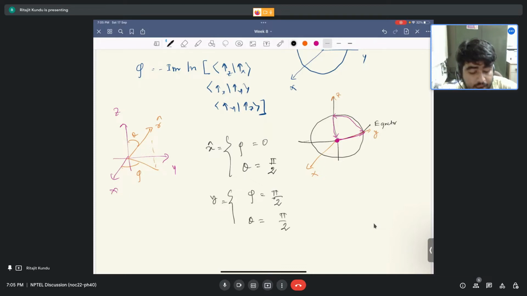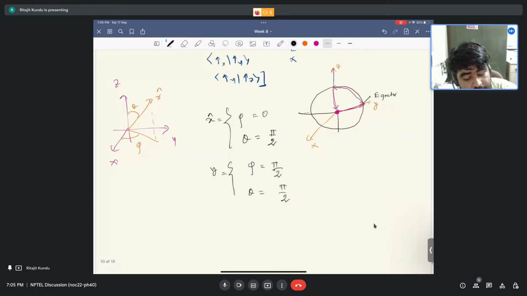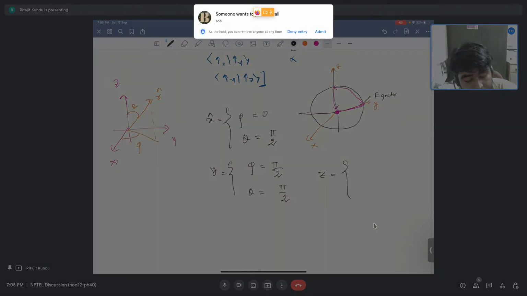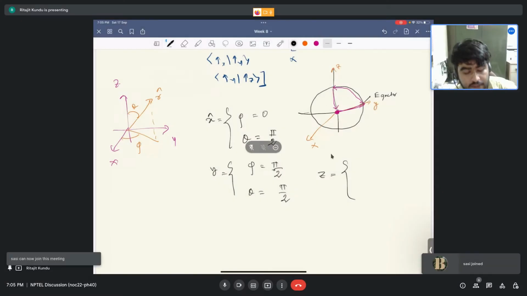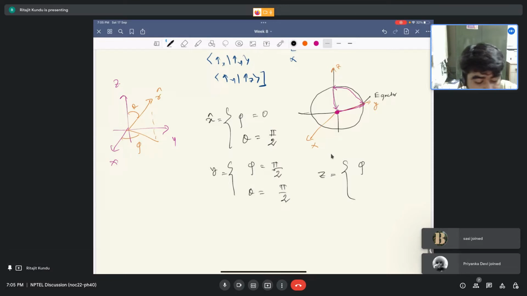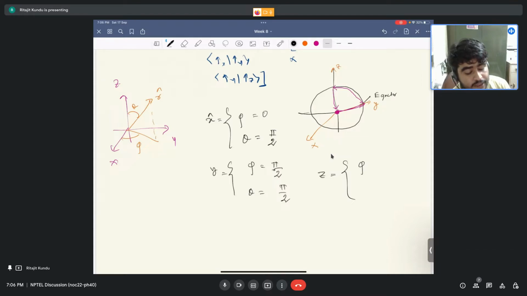And for the z-axis, there is actually no meaning of phi, because at that point phi becomes undefined. So let's write it as undefined, and theta is just 0.